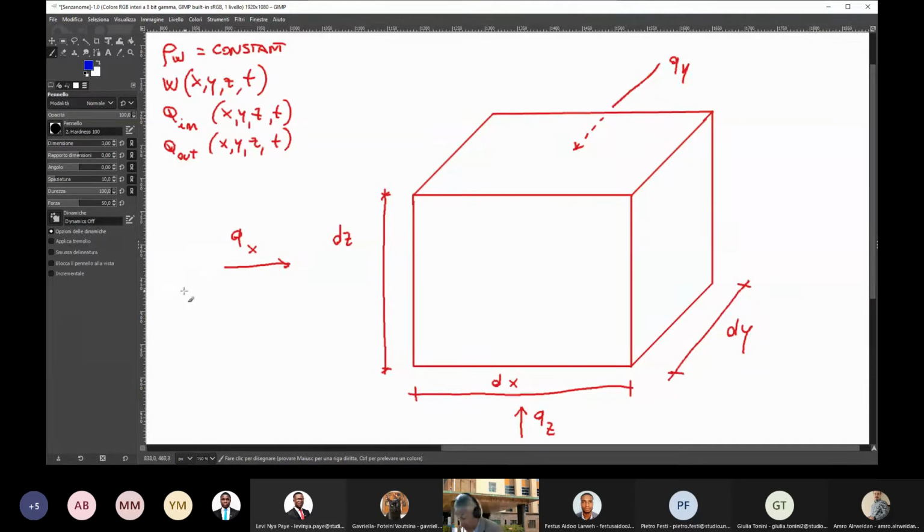We can write that the partial derivative of W(x, y, z, t) with respect to time is equal to Q in(x, y, z, t) minus Q out(x, y, z, t). Okay, this is very simple. So this is equivalent to what we did, for instance, for the linear reservoir. Okay, and now we have to develop this equation.